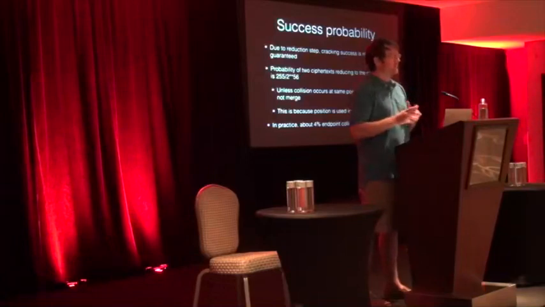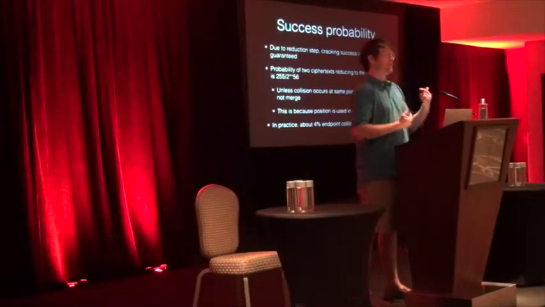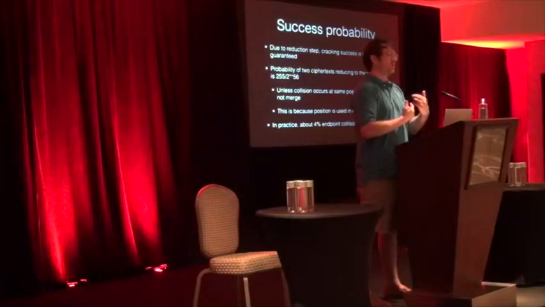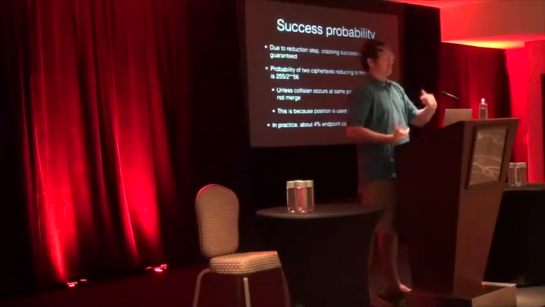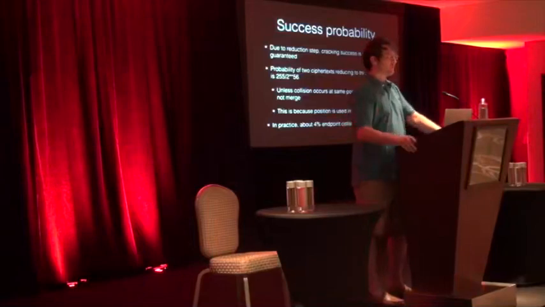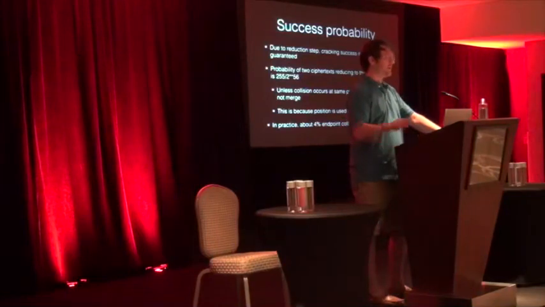One of the things about rainbow tables is that you use the position in the chain in the reduction function, and that reduces the probability that 2 chains will collide and then meet up, because unless they reduce to the same key at the same position, they'll diverge again. But we've been doing this tons of times, so in practice I saw about 4% endpoint collisions in a table part.